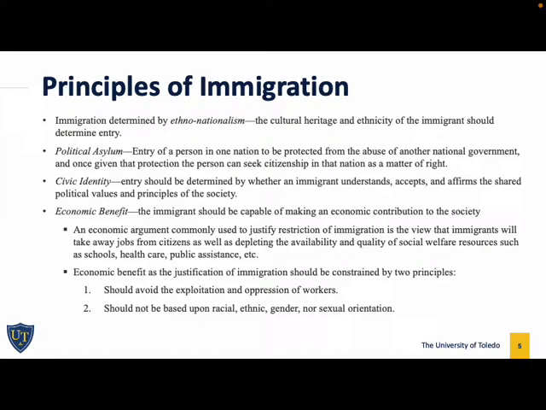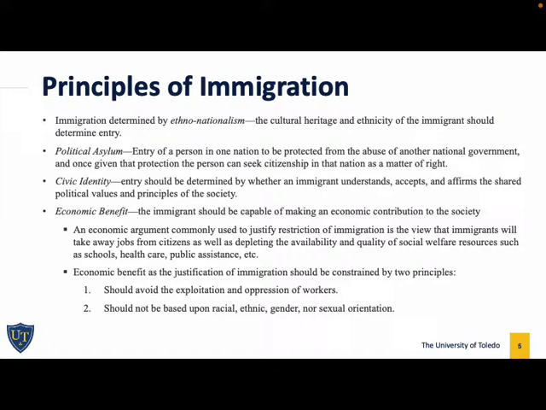The second possibility of initial entry, a principle of political asylum, is well established in both international and U.S. law. A person can request entry into the country and be given residency and then possible citizenship down the road if they are fleeing their country based upon political persecution, that their fundamental human rights are being violated in their own country.